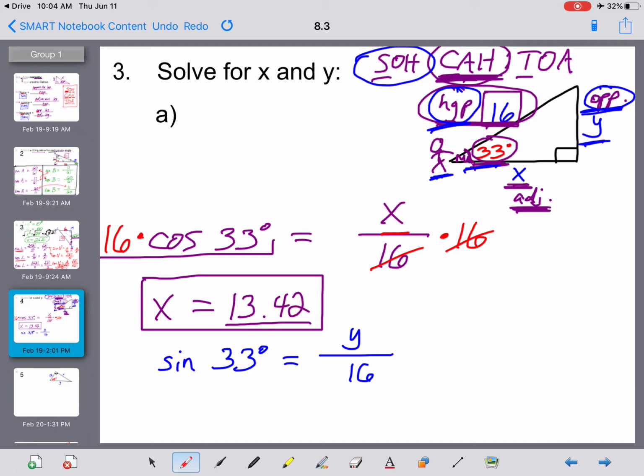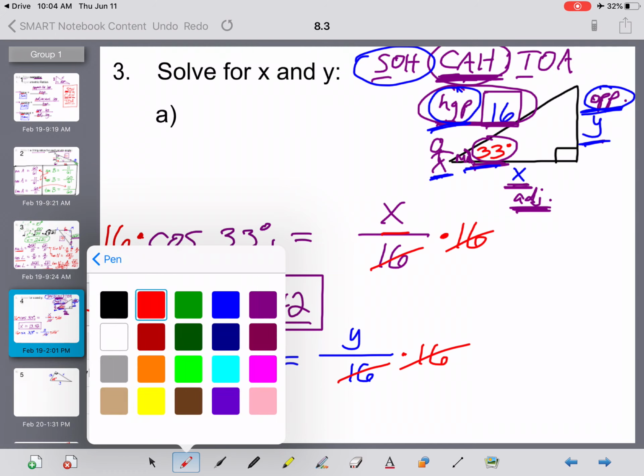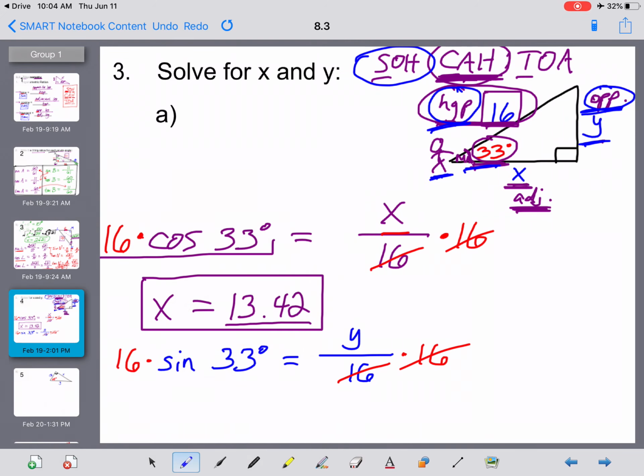Well, just like before, y is being divided by 16, so we are going to multiply both sides by 16, again remembering to put the 16 out in front of the trig ratio. These 16s cancel each other out. And here we go. We now get y equals 16 times sine of 33.